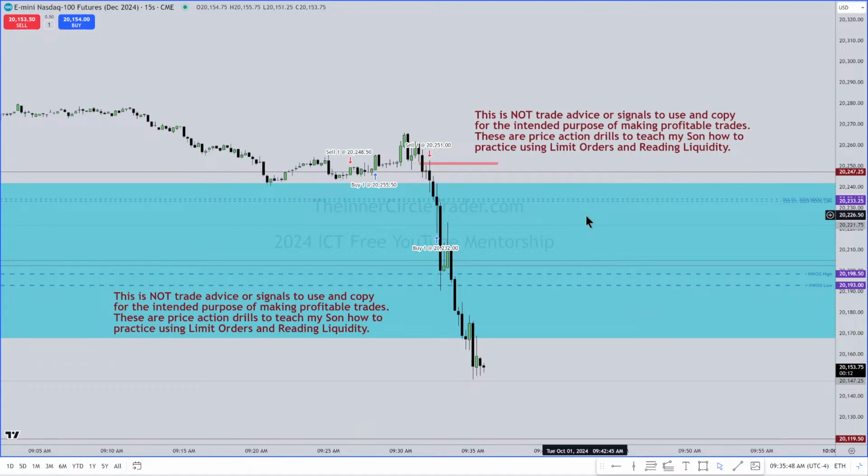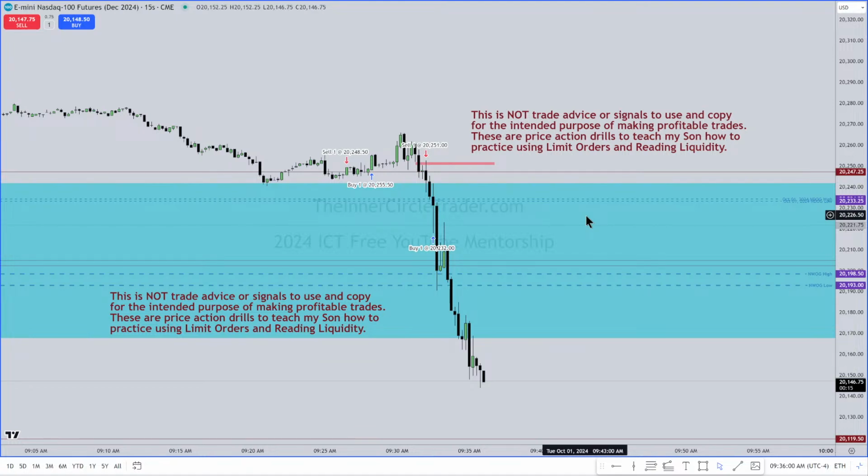You want to feel what it feels like to enter the order using the logic of buying when the market drops, as we've already shown 2 times here, selling short with a limit order. I want to try to find one on a buying opportunity, even though it's against the underlying order flow.